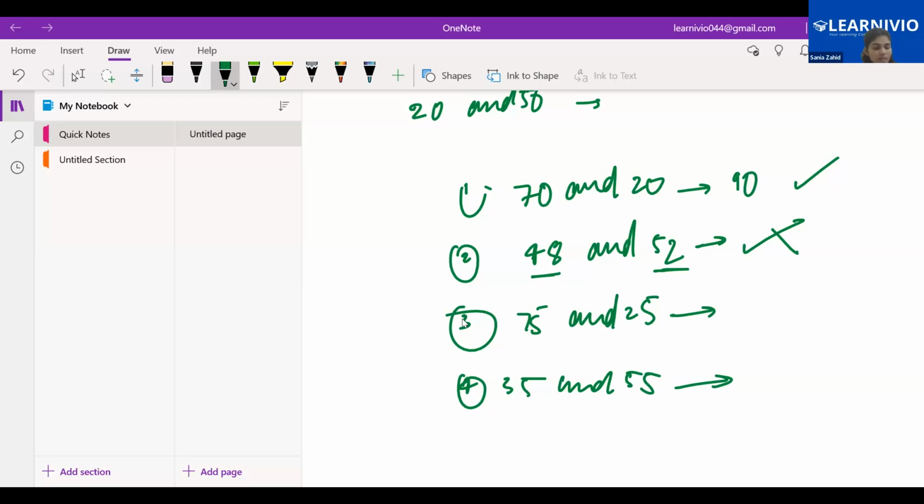Okay, let's wait for Manha. Then we'll move ahead.